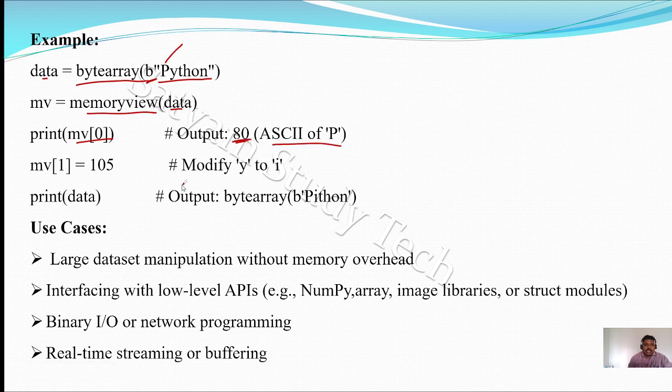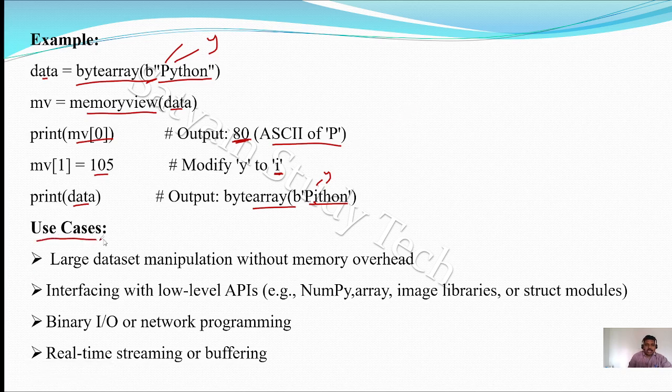Now mv of 1, the small y value, is changed to the character I. If you print the bytearray data, instead of small y you can see the I. But what is the difference between slicing and memoryview? Now you can see an example program, then you can understand that.